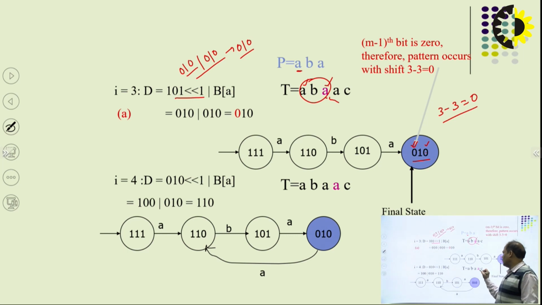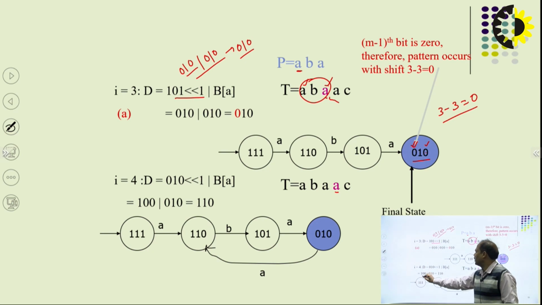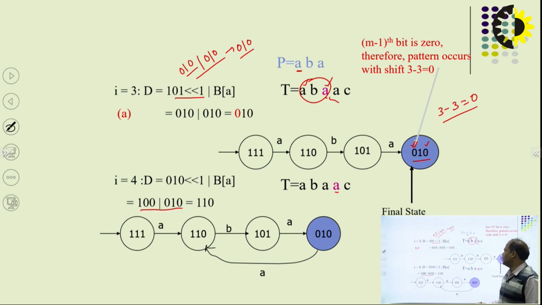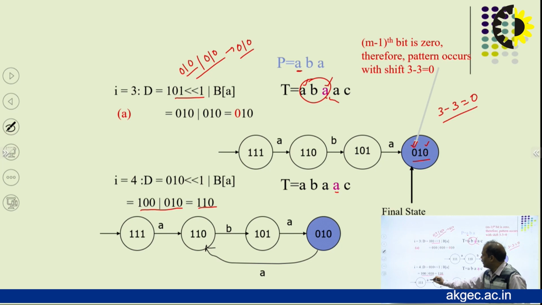Next, again, if we are talking about A, while shifting 100, or B of A, B of 0, this is 110. It is reaching the old state. It will not create a new state. It will be moving back and forth with the same state. So this is here again.